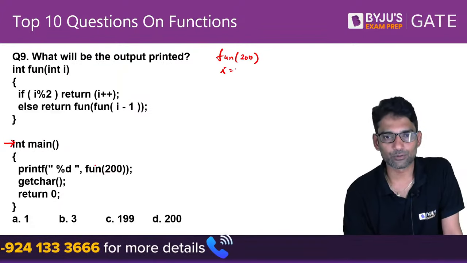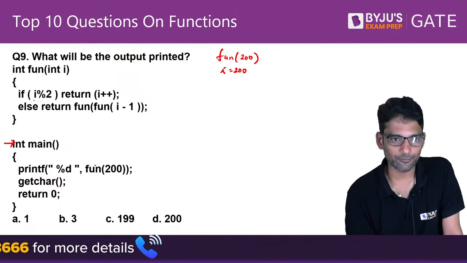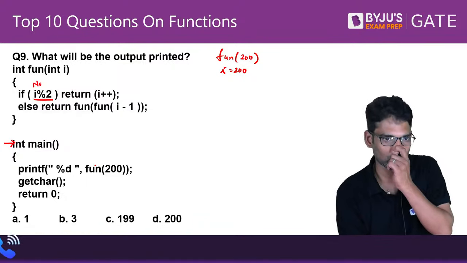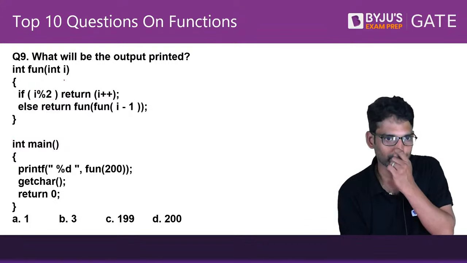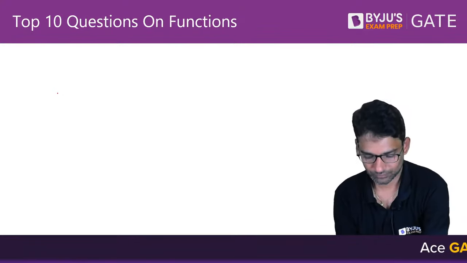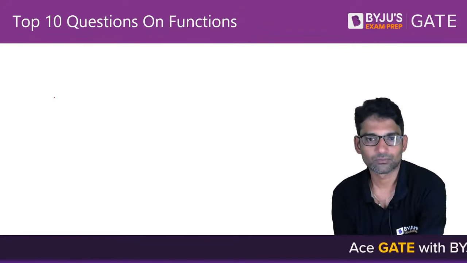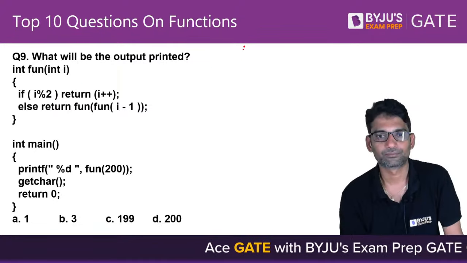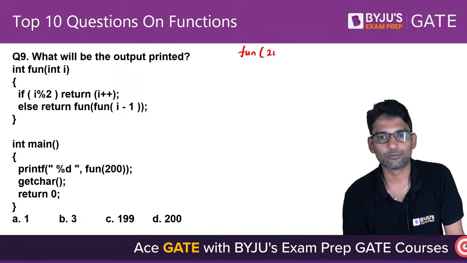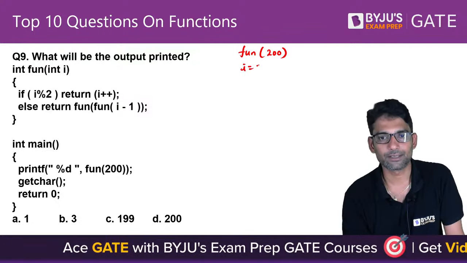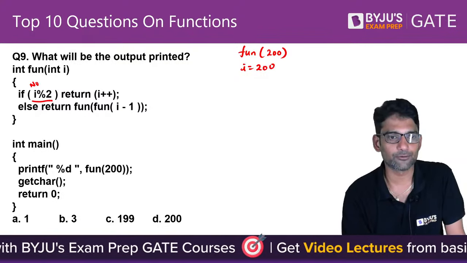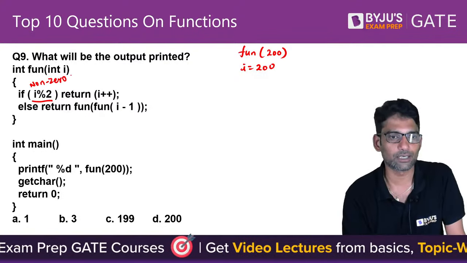i is equal to 200. If i mod 2, that means if it is non-zero, that is true.